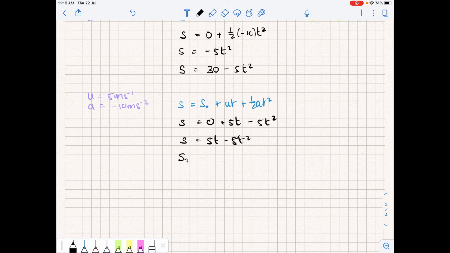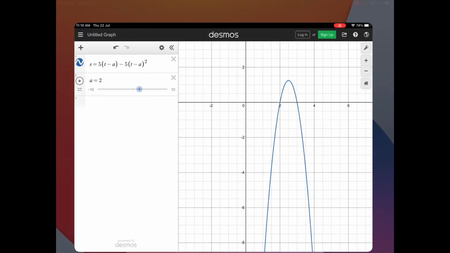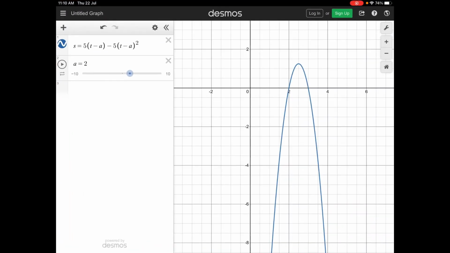So the displacement for this function is 5t minus 5t squared. I want to take t, and when we move to the right, we subtract 2. We do that for all values of t, and that's how we end up with the equation 5(t minus 2) minus 5(t minus 2) squared. Hopefully by visually seeing the translation now, you can understand what is actually happening behind the scenes.